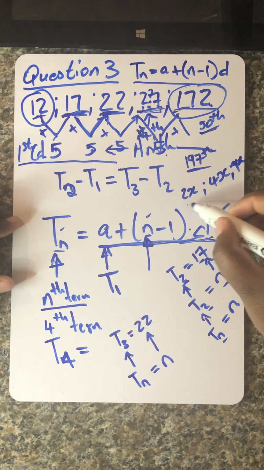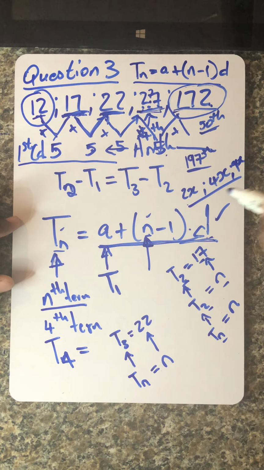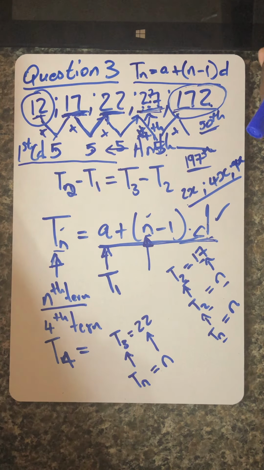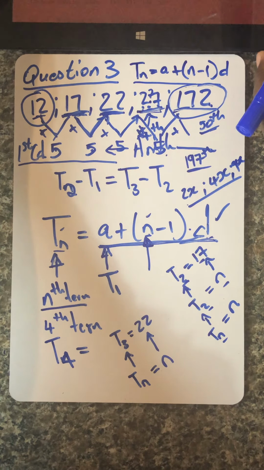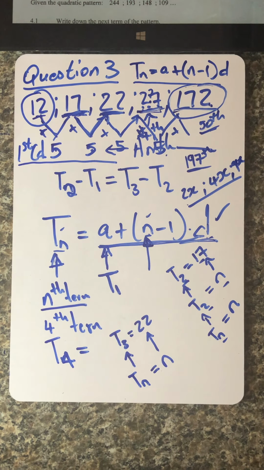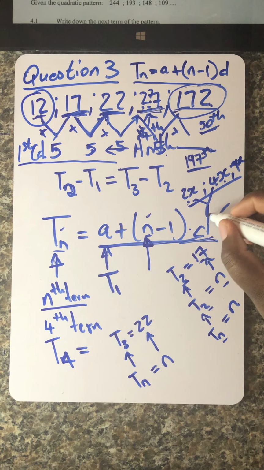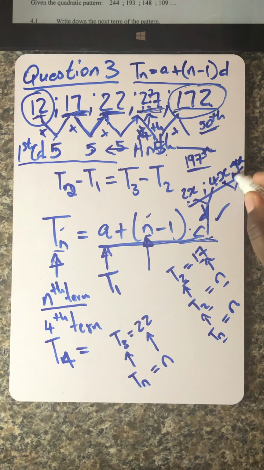You can be given this as a sequence or a pattern. Assuming this one I've given you as an example was a linear pattern, you know that the first 2 terms will give you the difference, and obviously the third and the second term will give you the difference.